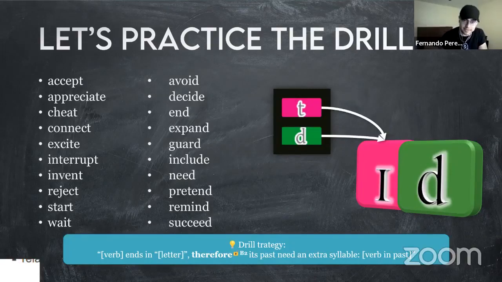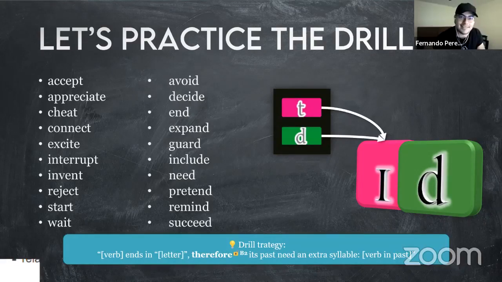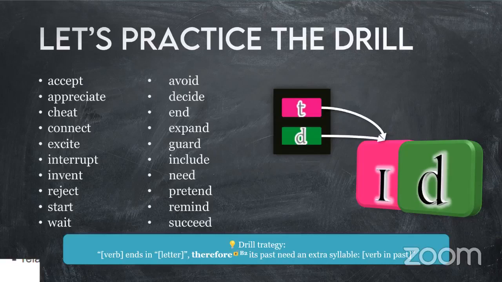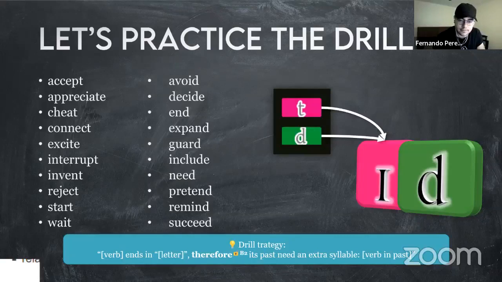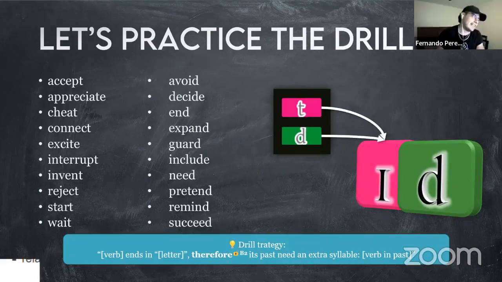Yes. Okay, give me the drill. Pretend ends in D. Therefore, its past needs an extra syllable. Pretended. Fantastic. That's the drill, girls. This is the most effective way to remember the correct pronunciation.